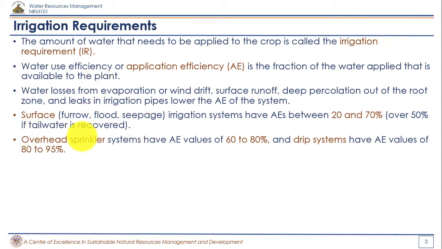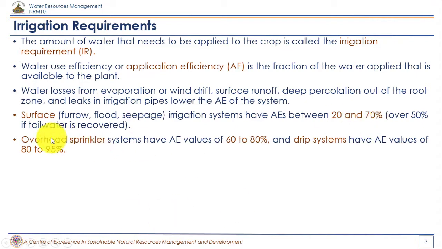And the application efficiency of surface irrigation system is very low, 20 to 70%. So only around 20% is actually being available for the plants, and the rest, like 80%, is actually wasted. Or if you're looking at the higher margin, it's just 70% that the plants are actually availing.